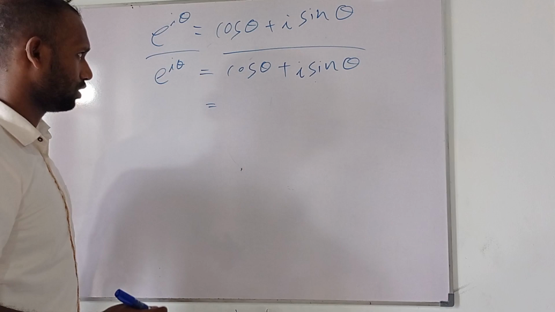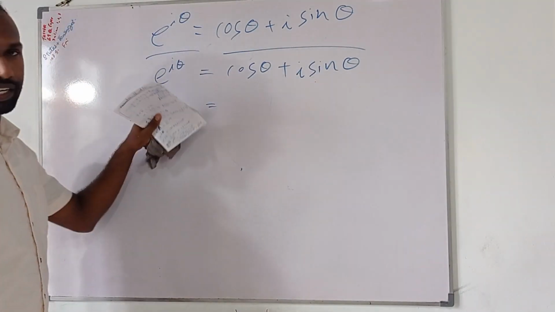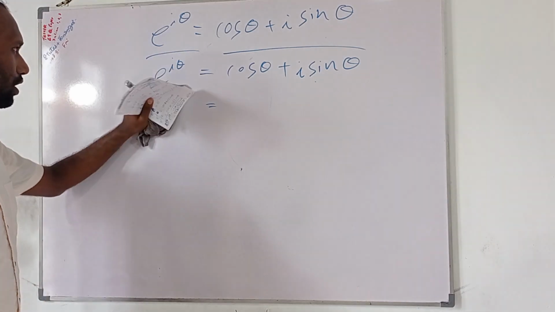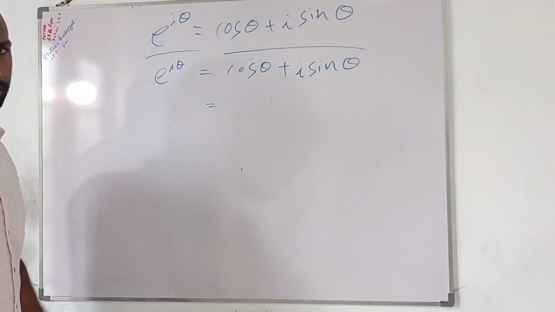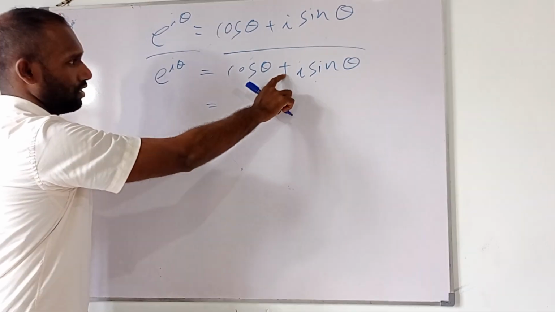We know that when we take the bar of any complex number, we change the sign.